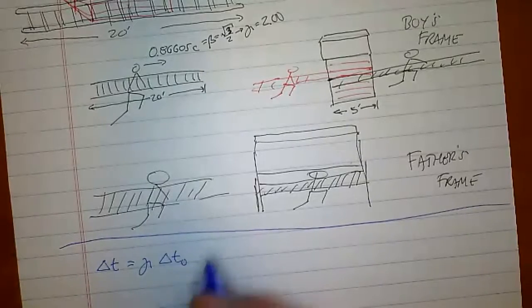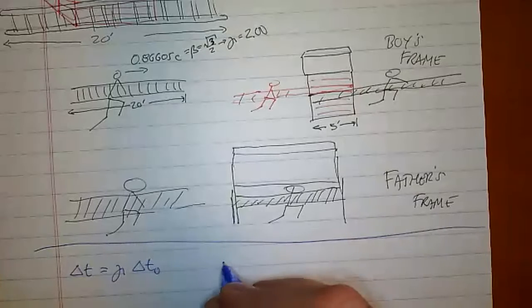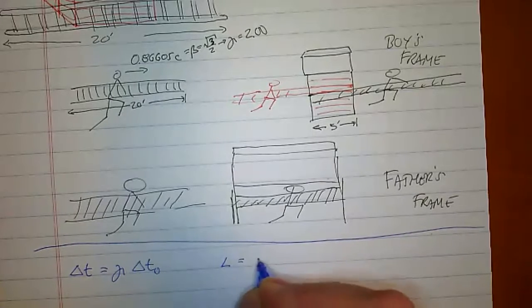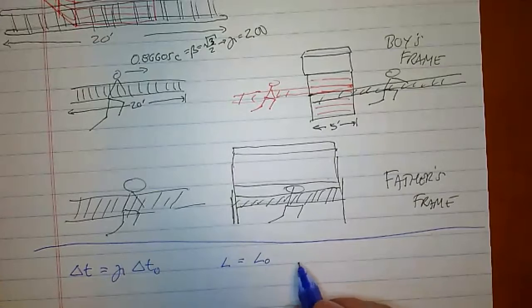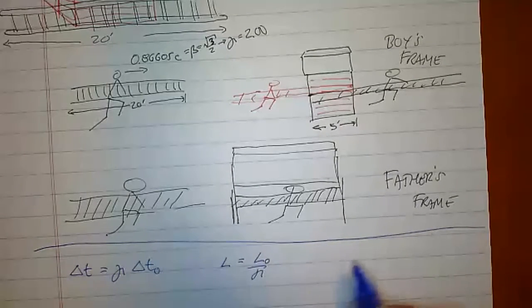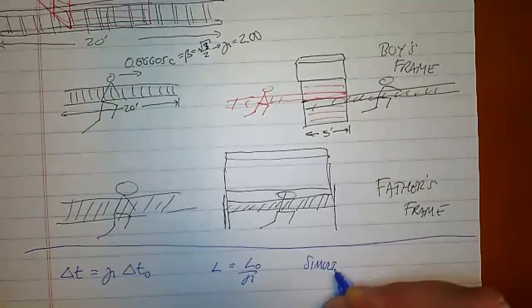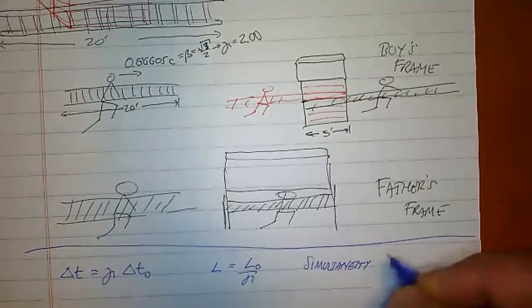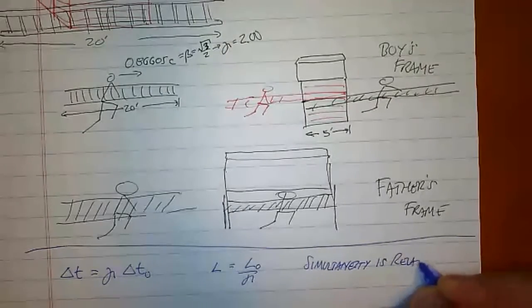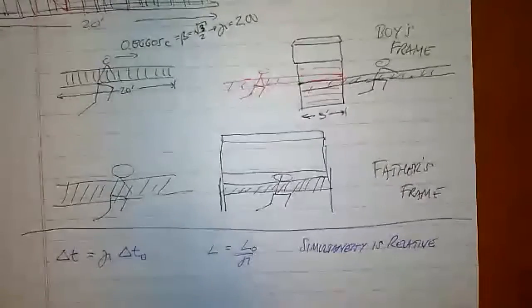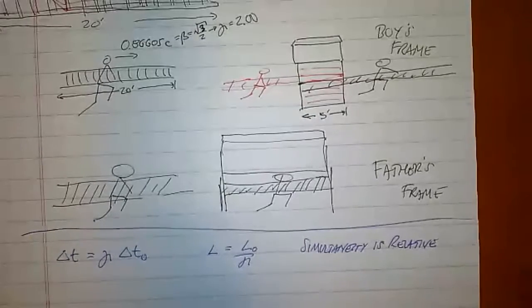We've also learned that the length someone measures of a spacecraft flying by is equal to the length the people on the spacecraft measure, divided by gamma. So that's length contraction, and this is time dilation. And now we found that simultaneity is relative. Those are some of the conclusions we've been able to make from these little pictures.